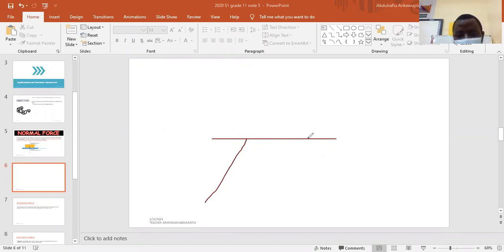I'm sure you have seen this kind of table before. On this table, we have a cup of coffee. This is a common thing we see at home. That's not a very beautiful drawing, but you are going to enjoy it. This is a cup of coffee and this is a table.